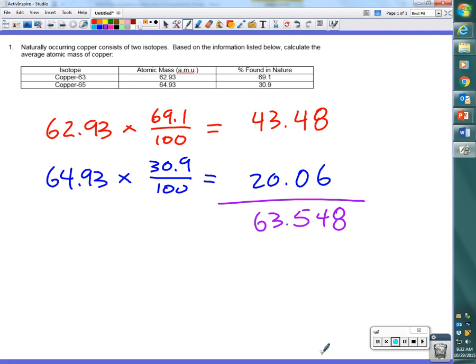So when I did all the calculations, did what I was supposed to do, I got 63.548.